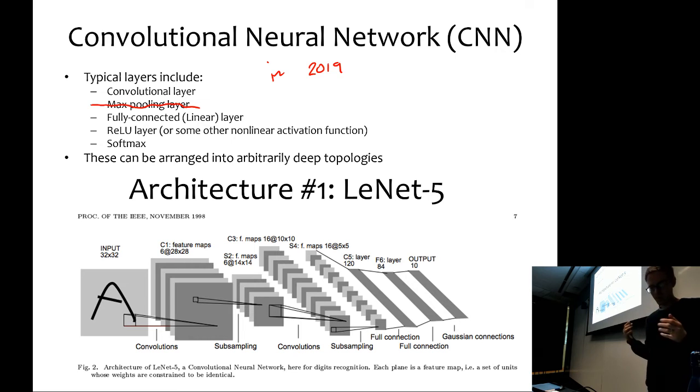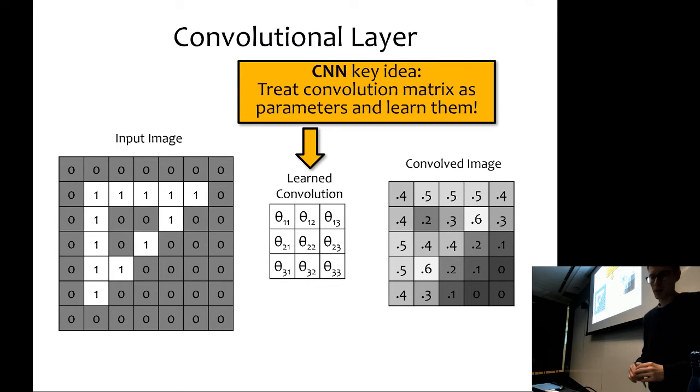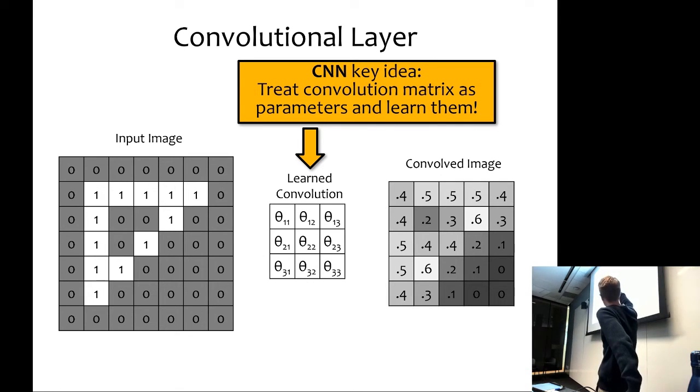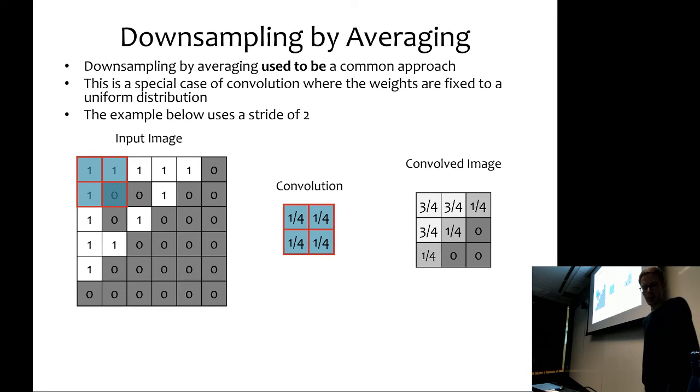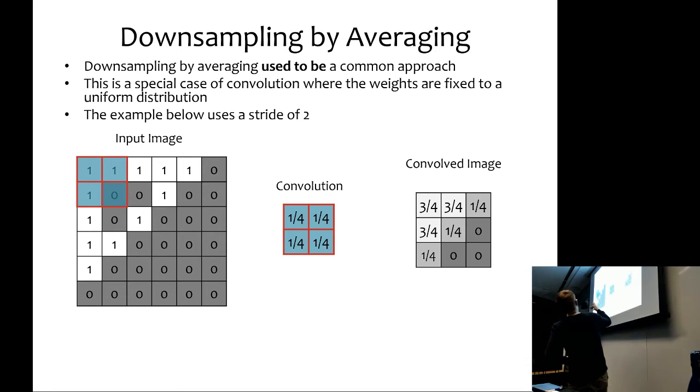So what the LeNet architecture was doing was following this key idea: we treat the actual convolution matrix as a bunch of parameters to be learned. And then we can have some interesting layers interspersed that allow us to do downsampling. We already saw one example. This is another example of downsampling by, say, averaging.